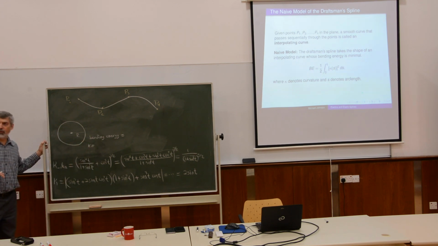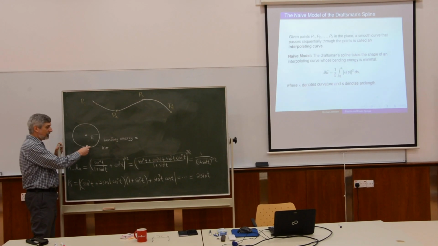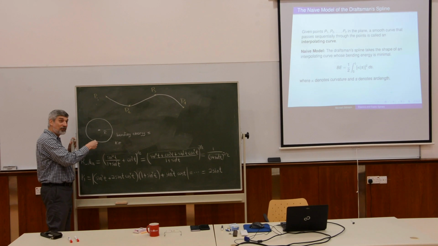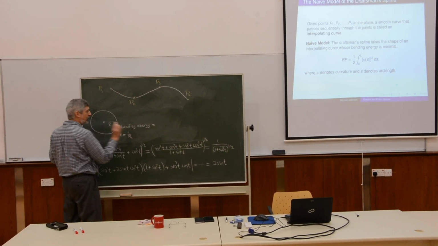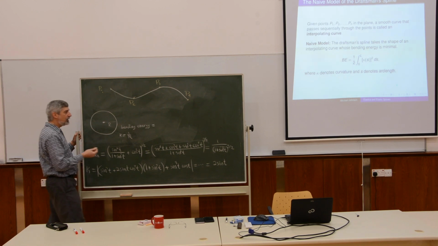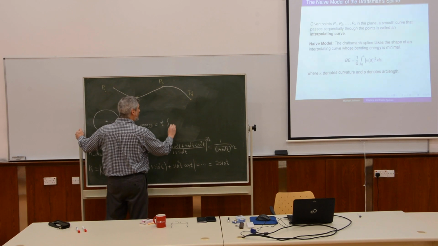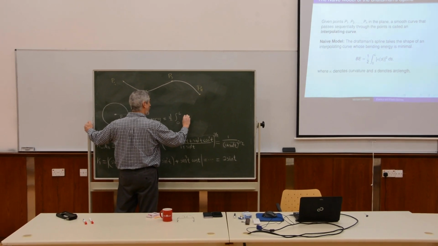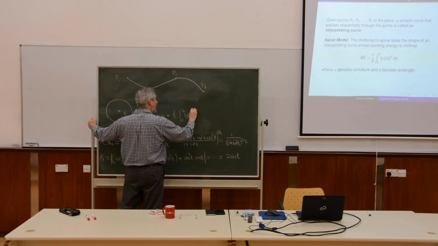Well, it's 1 over the radius of the osculating circle. Okay, this is the osculating circle of the circle. So the curvature is 1 over r by definition. And now we're going to integrate. So it's 1/2 the integral from 0 to L of 1 over r, a constant, ds. This is squared, right?